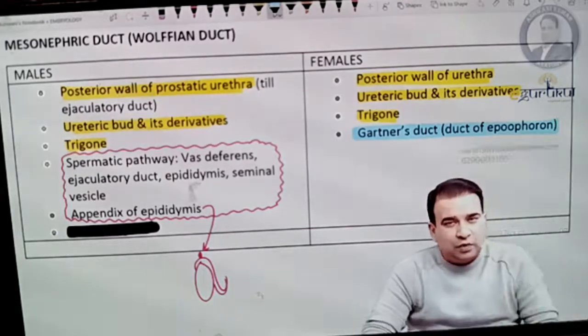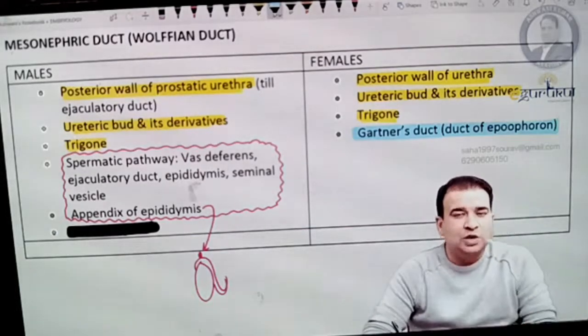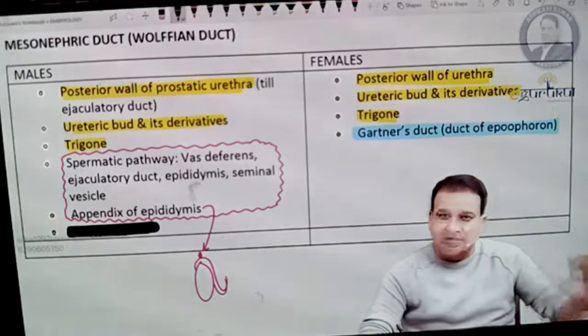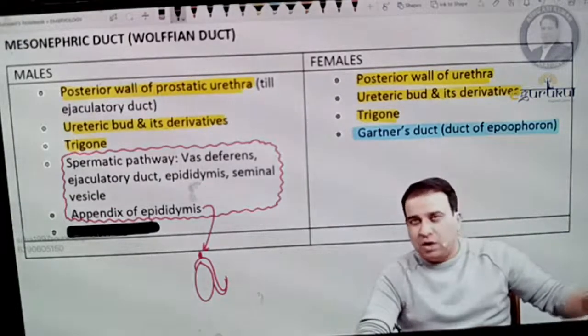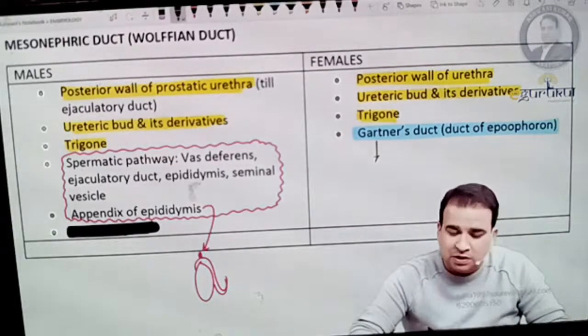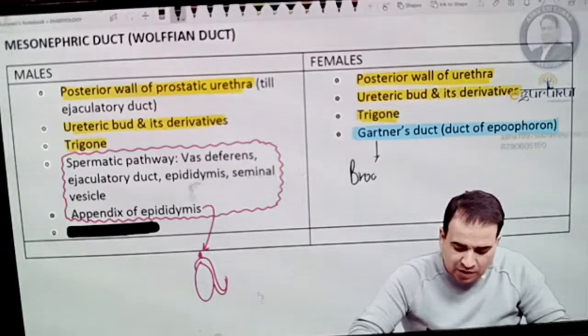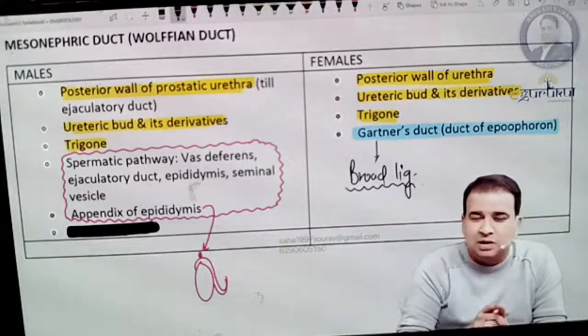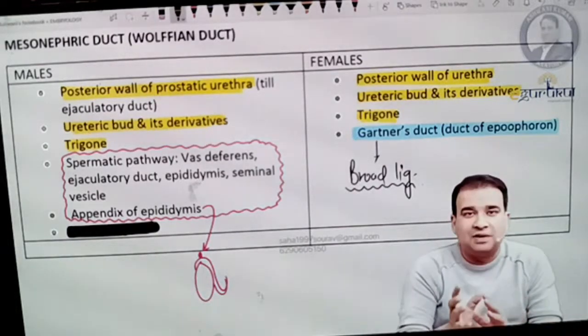And please be careful if the question is asked, what is the location of the Gardner's duct? Well, the question may be asked on the Gardner's cyst, which is in the upper vaginal wall. But if the question is asked on the Gardner's duct location, it is present between the two layers of broad ligament. Remember that. So be careful whether the question is on the Gardner's cyst or the Gardner's duct.